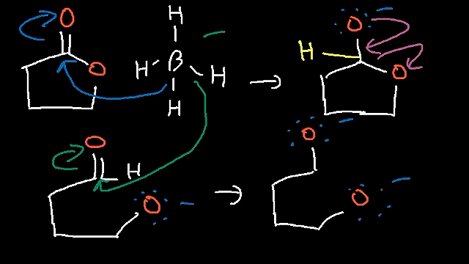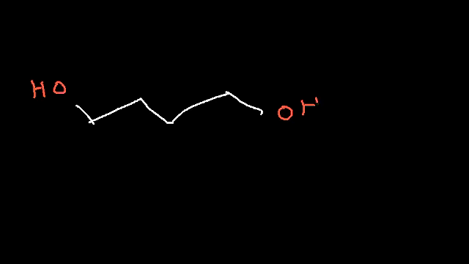So now at this point, we can acidify the solution with H3O+. And so we're going to have a diol, a 4-carbon diol, which looks like this. So this is the product of the reaction.